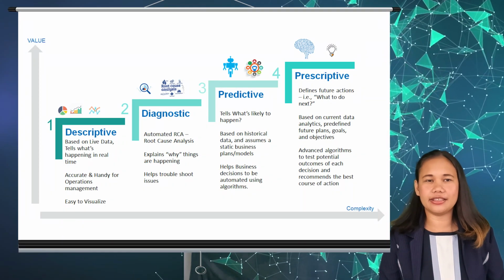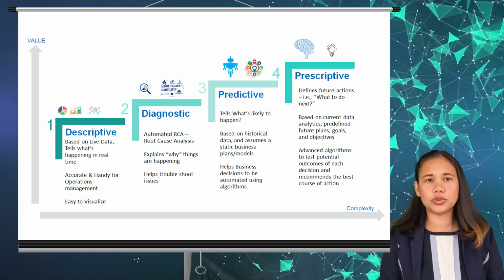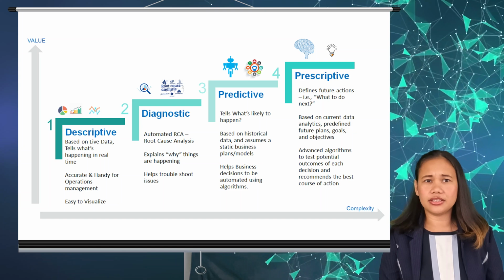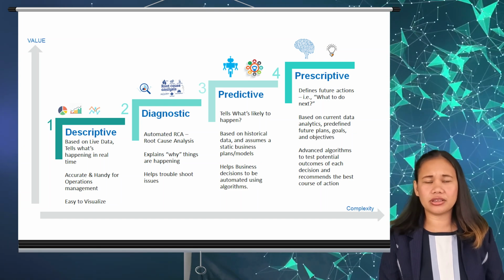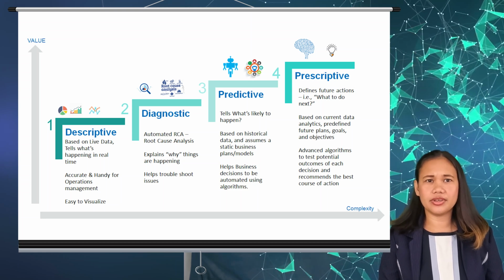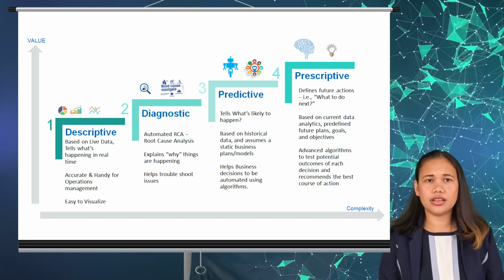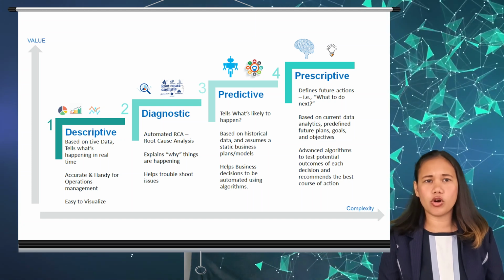Types of data analytics. There are four types of data analytics we encounter in data science: descriptive, diagnostic, predictive, and prescriptive. Descriptive. Insight into the past. What is happening? This is the most common of all forms.